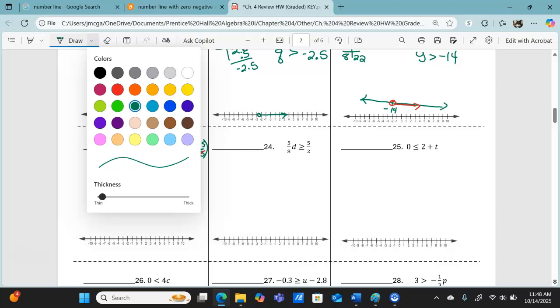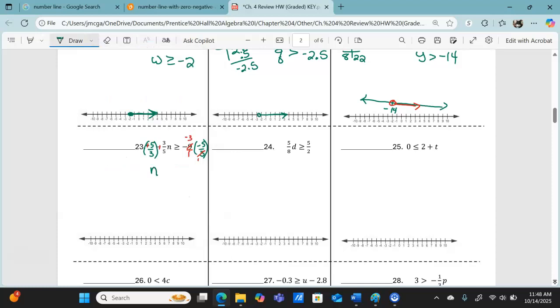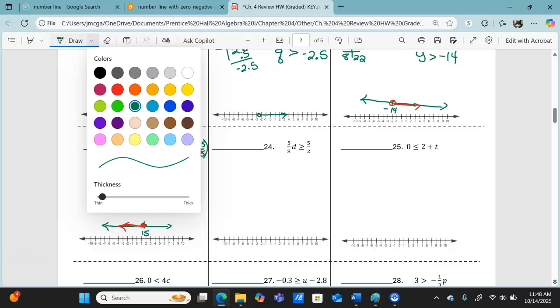So I have here, and since I multiplied by a negative, I'm going to change the direction of my inequality. I have -3 times -5, which would be 15. And again, I'll have to fix the number line on yours. At 15, you're going to want a darkened dot since it's or equal to, and we're going to go in that direction.